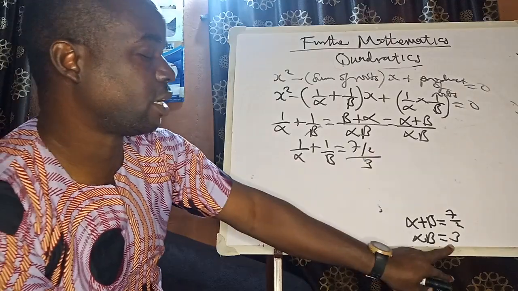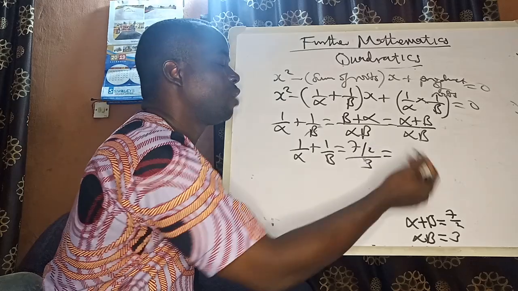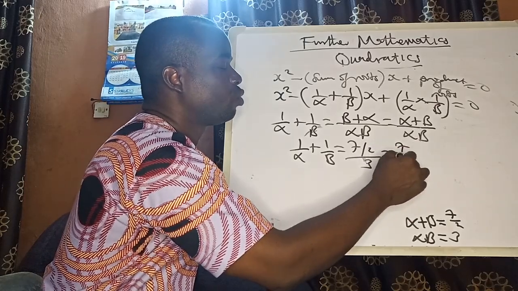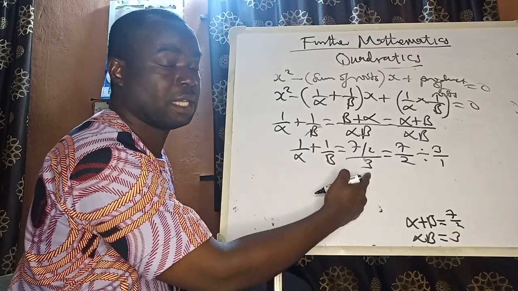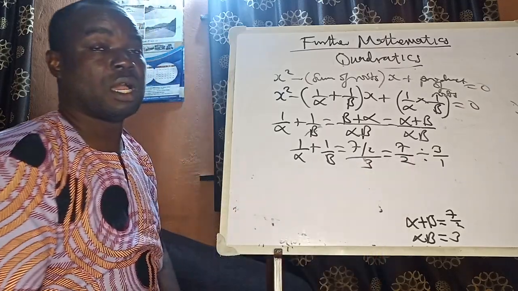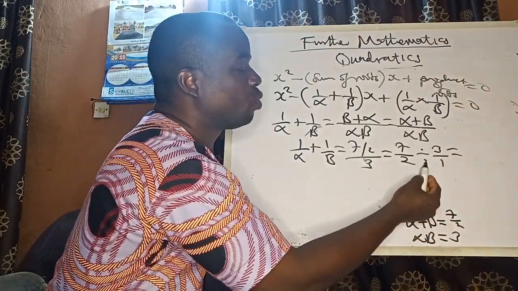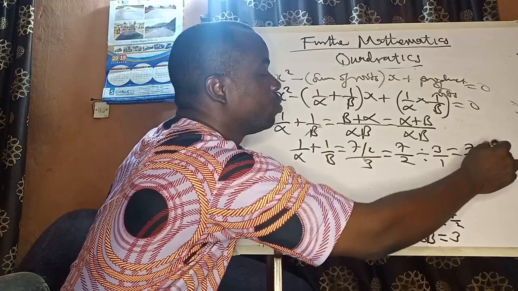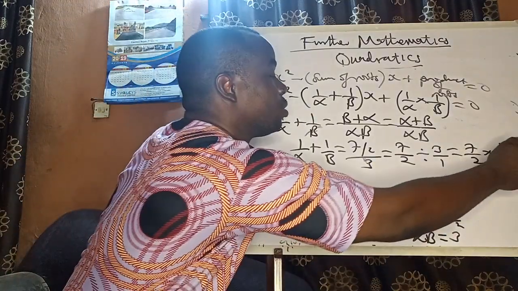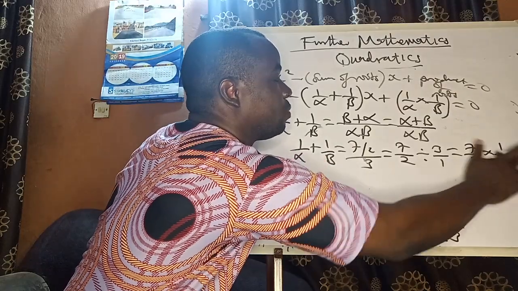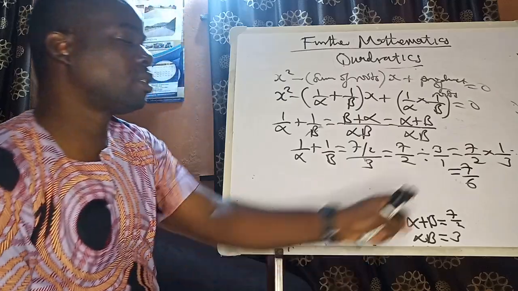Because alpha beta is 3 and alpha plus beta is 7 over 2, I can do it like this: 7 over 2 divided by 3 over 1. I'm dividing by 3. Over 1 means every whole number has 1 dividing it. So change division to times. You have 7 over 2 times 1 over 3, which will now give us 7 over 6. So please take note of this.